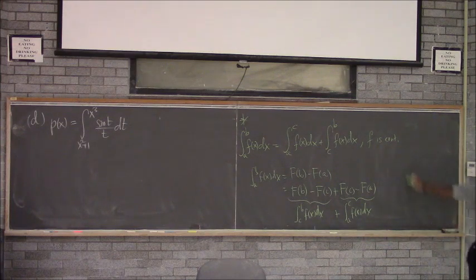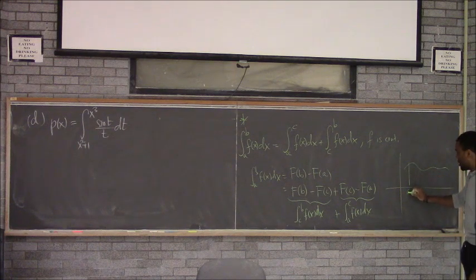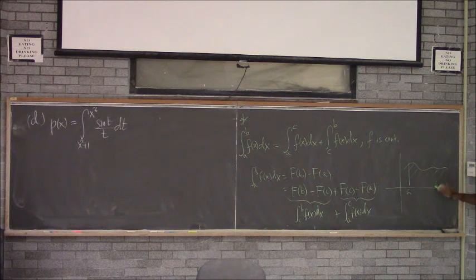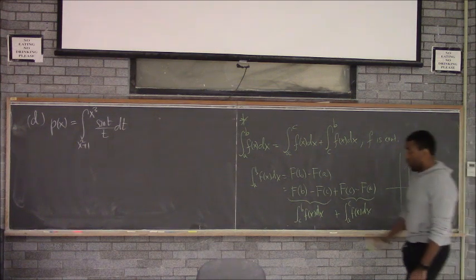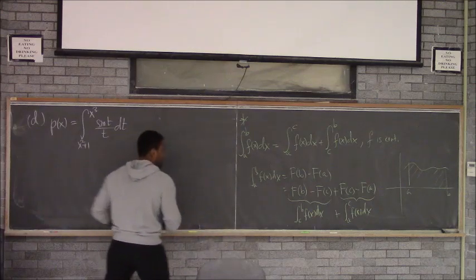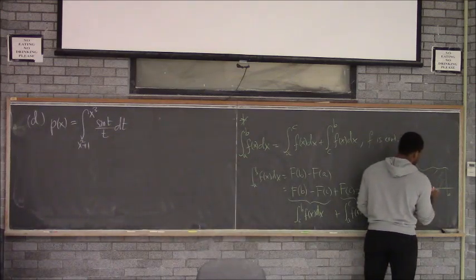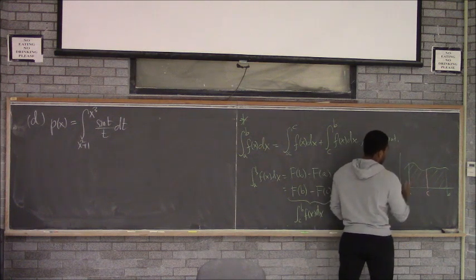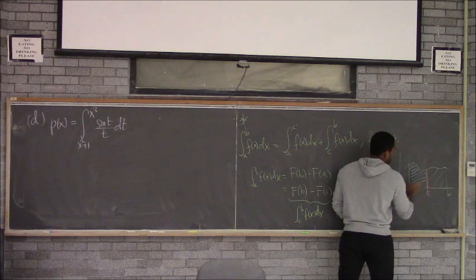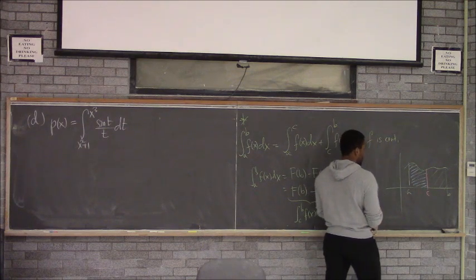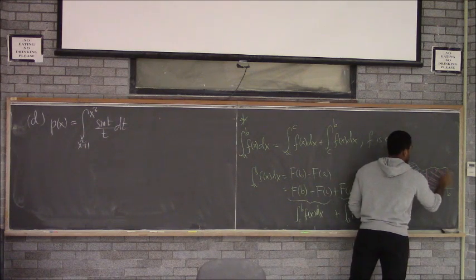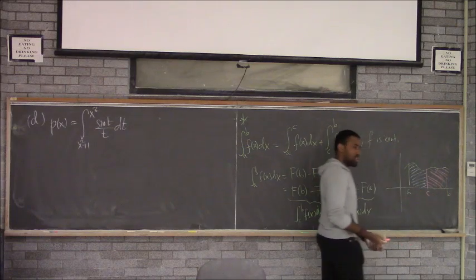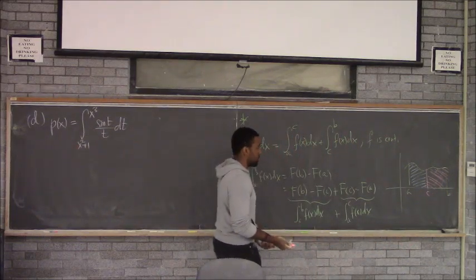Another way you can see this is graphically. Let's say we have our function doing this thing here. Here is A, here is B. I care about this area. But one thing I could do is pick an intermediate point C, and I could measure the area from A up to C, and then measure the area from C up to B. And if I add those two areas together, I get the whole area that I had before, right?